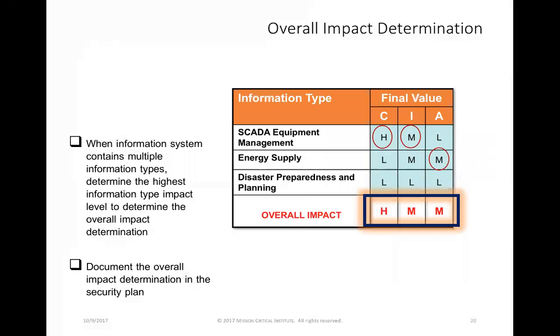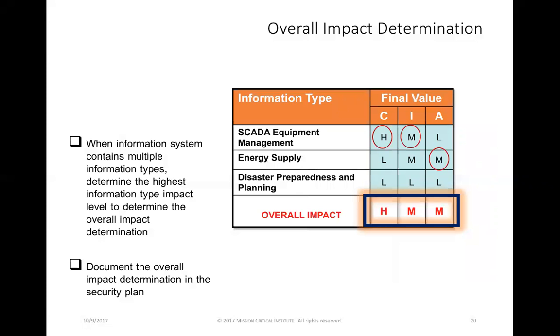Okay, so now we're going back to the SCADA system again for an example. Looking at the overall impact determination, we have these information types here in that left column. And then for each one of these information types, we're looking at the impact value for those.